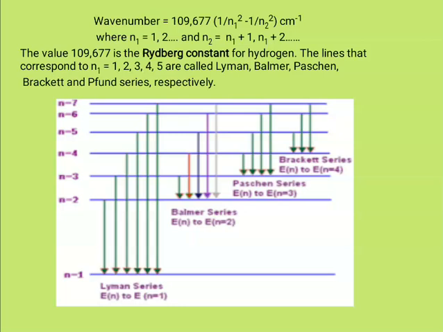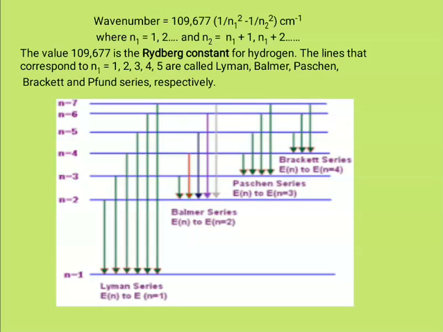In this graph we have shown the hydrogen emission spectrum, or line spectrum of hydrogen. One thing should be noticed: the gap between the levels is decreasing. It is not the same for all the shells.